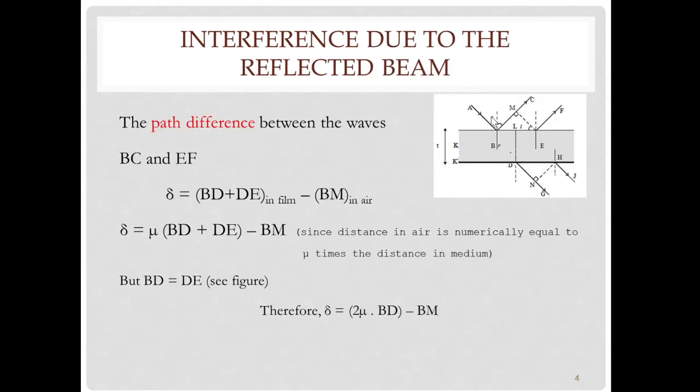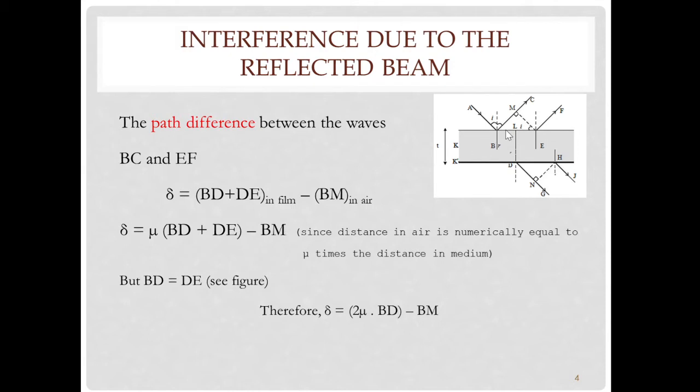And it's clear that the rays BC and EF undergo a path difference, and this path difference between the rays BC and EF can be written as BD plus DE, which is inside the film, minus BM in the air. But we know that the distance in the air is numerically equal to mu times the distance in the medium, which is itself the definition of refractive index. So we can rewrite this equation as the path difference delta is mu times (BD plus DE) minus BM.